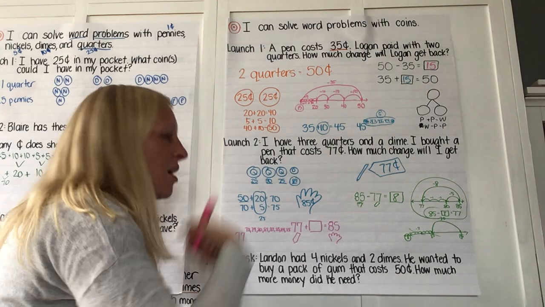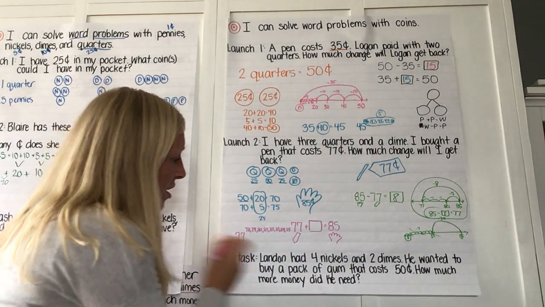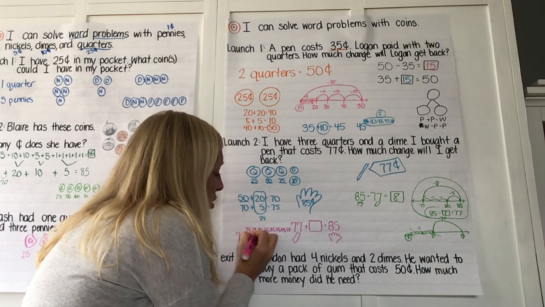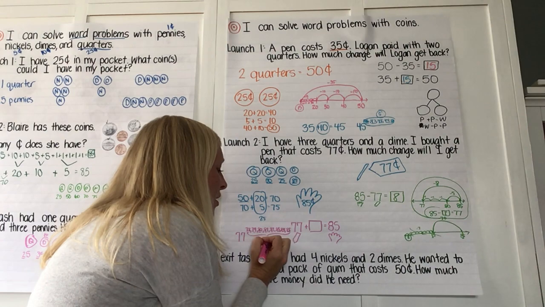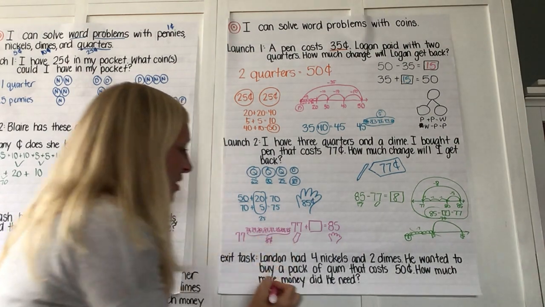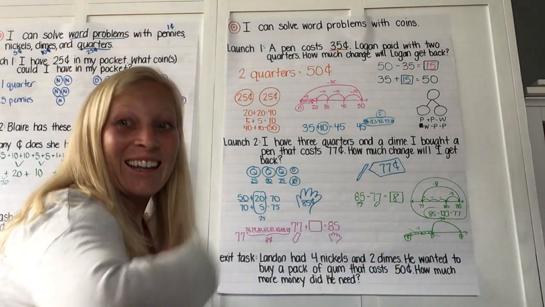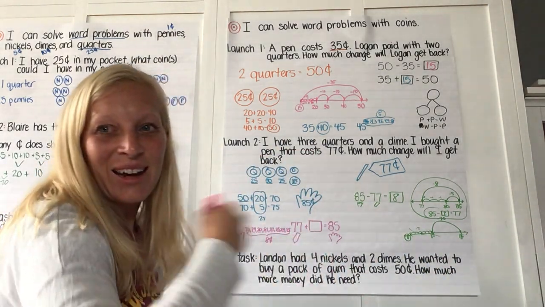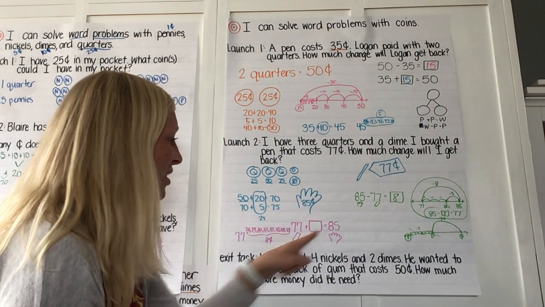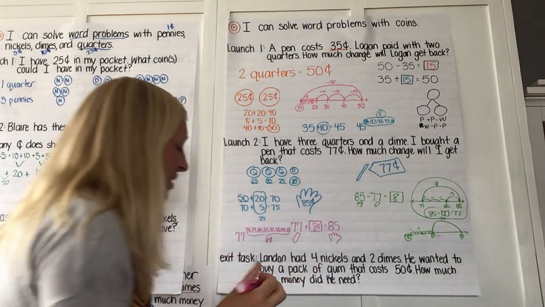So how much, where's your answer in this? 1, 2, 3, 4, 5, 6, 7, 8. There's your 8 cents, right? So my 77, here's the pen. 79, 80, 81, 82, 83, 84, 85, until you get to whatever you gave, and that was 8 cents.